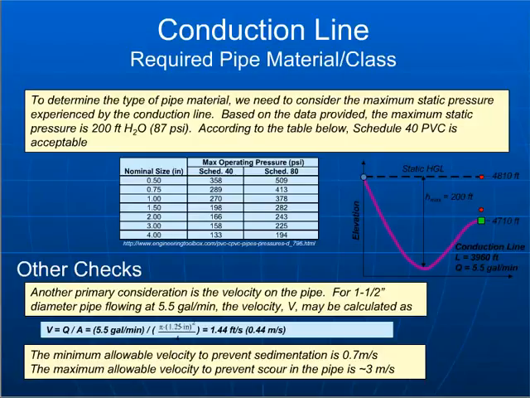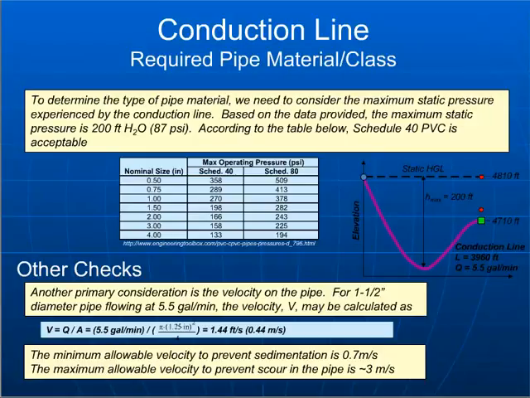The actual recommended minimum allowable velocity is 0.7 meters per second, and the reason why that minimum is there is you don't want any sediment that's in the pipeline to start dropping out if the water's moving too slowly and potentially clog the pipe.